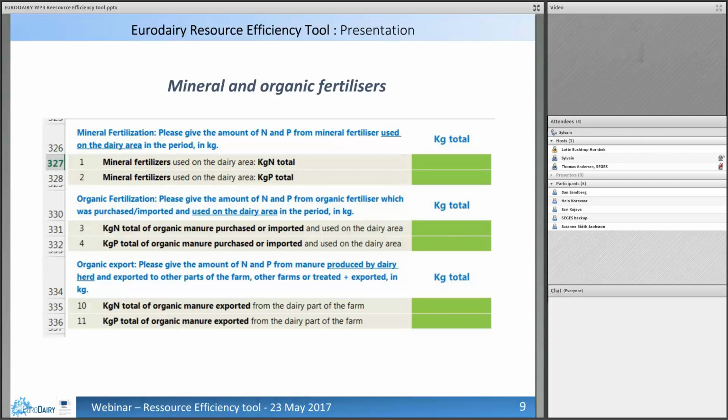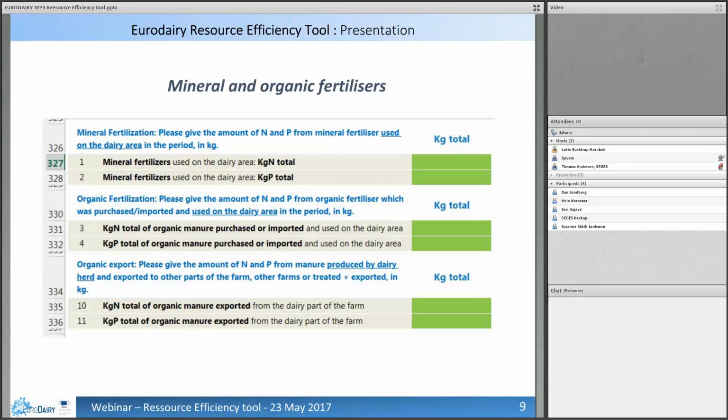So the first point is dedicated to the mineral and organic fertilizers. We need to know the quantity of nitrogen and phosphorus used as mineral fertilizer on the dairy area in the period. So you will find the mineral fertilizer used on the dairy area in kilograms of total nitrogen, the same for the phosphorus.